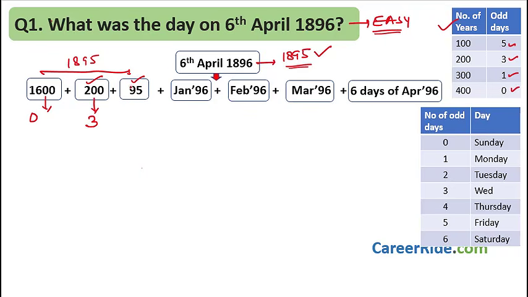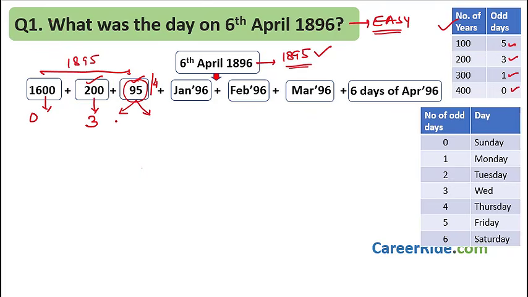Now these 95 years can be written as a combination of leap years and non-leap years. So if I divide this 95 by 4, I'll get the number of leap years here. Okay, so what happens when I divide this 95 by 4?